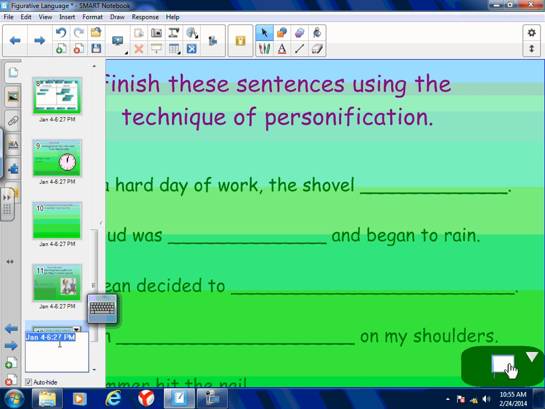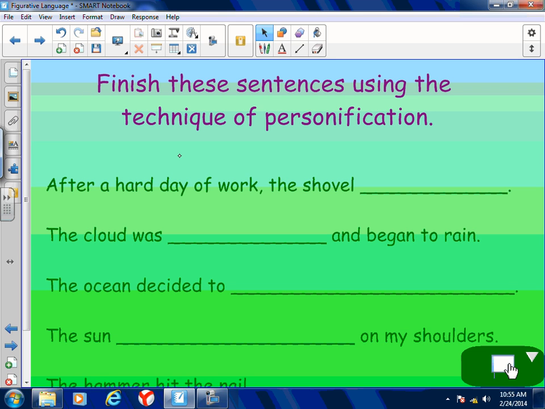Here is an exercise. You are going to use personification here. Finish these sentences using the technique of personification. After a hard day of work, the shovel died. We can put here died. The clouds were hot and began to rain. I can say the cloud was crying.